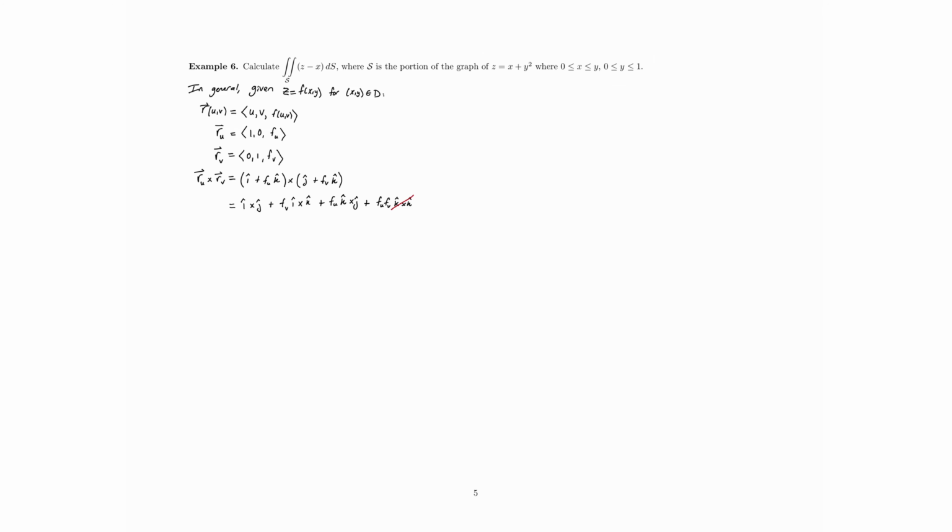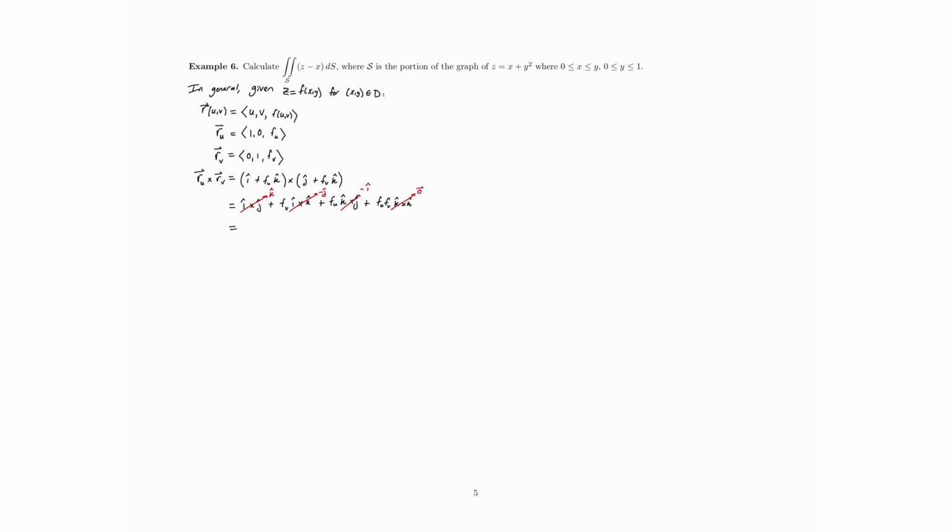And of course, a vector crossed with itself is the zero vector. Then we have k cross j is negative i hat, i cross k is negative j hat, and i cross j is k hat.